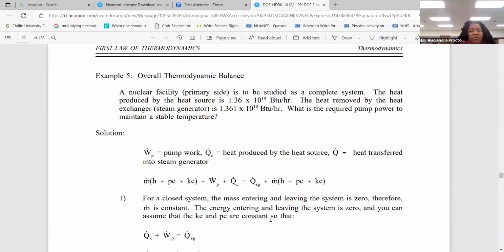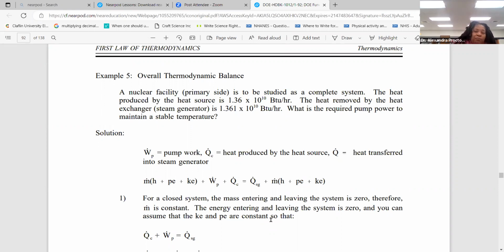Here they have a nuclear facility, the primary side, and it's to be studied as a complete system. The heat produced by the heat source is 1.36 times 10 to the 10th BTU per hour. The heat removed by the heat exchanger steam generator is 1.361 times 10 to the 10th BTU per hour.